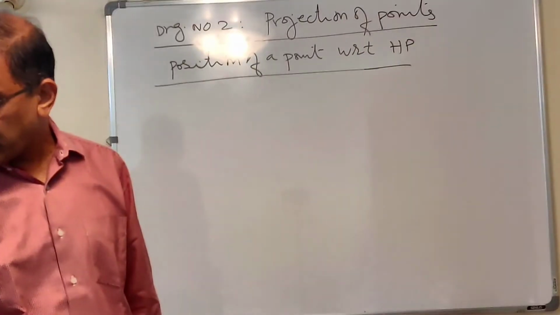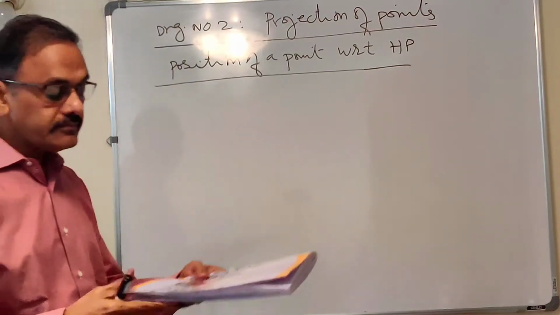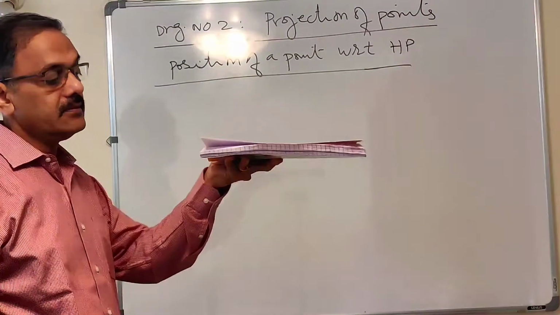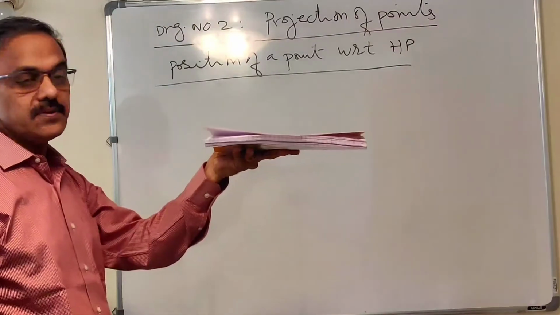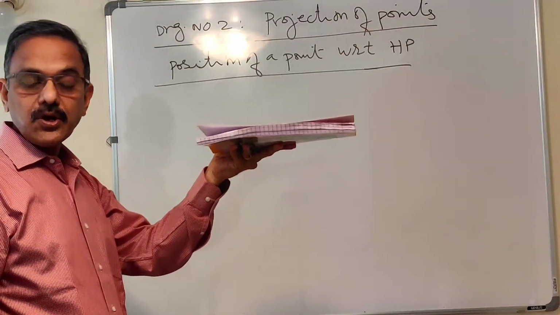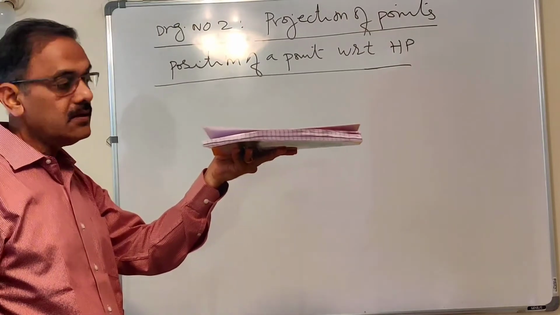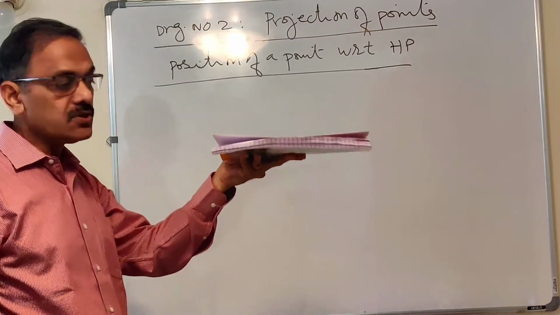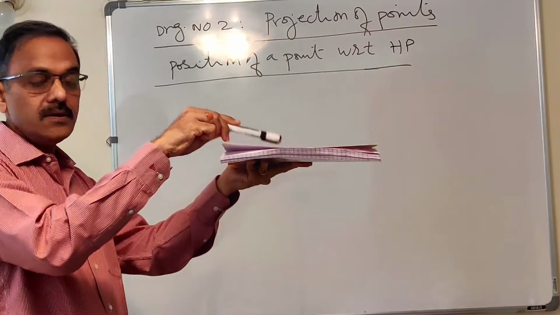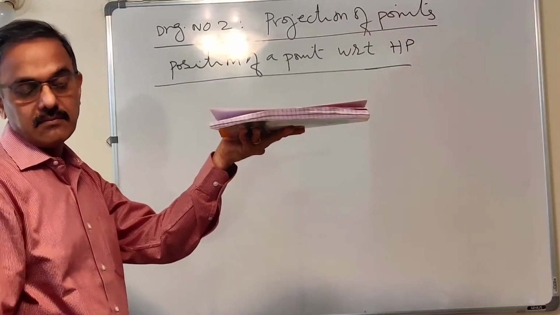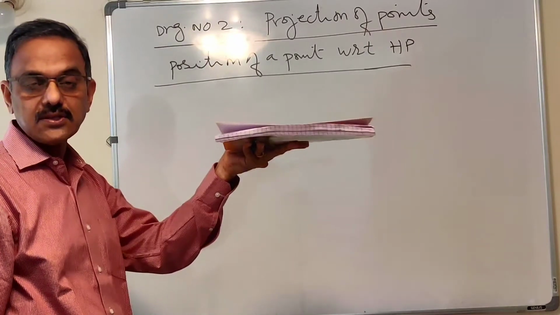Let us take the plane once again. This is the plane. This is HP now. Earlier VP was like this. Now this is HP. What positions can a point occupy with reference to HP? Once again, 3 positions. The point can be above HP, it can be on HP, or it can be below HP. 3 positions. This is a 3D scenario.